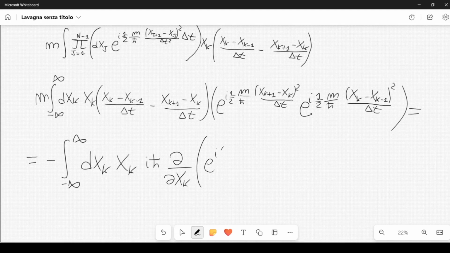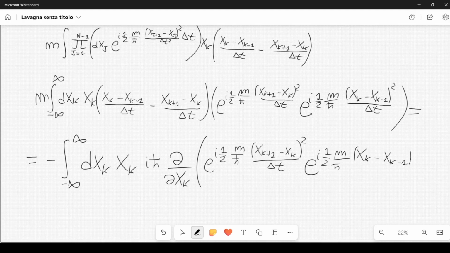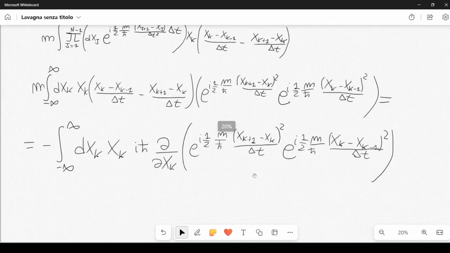So I have e to the i, 1/2 m over h bar, x sub k plus 1 minus x sub k squared divided by delta t, times e to the i, 1/2 m over h bar, x sub k minus x sub k minus 1 squared divided by delta t, like this. So you can check that when you consider the derivative of this expression, you're going to get back exactly this.